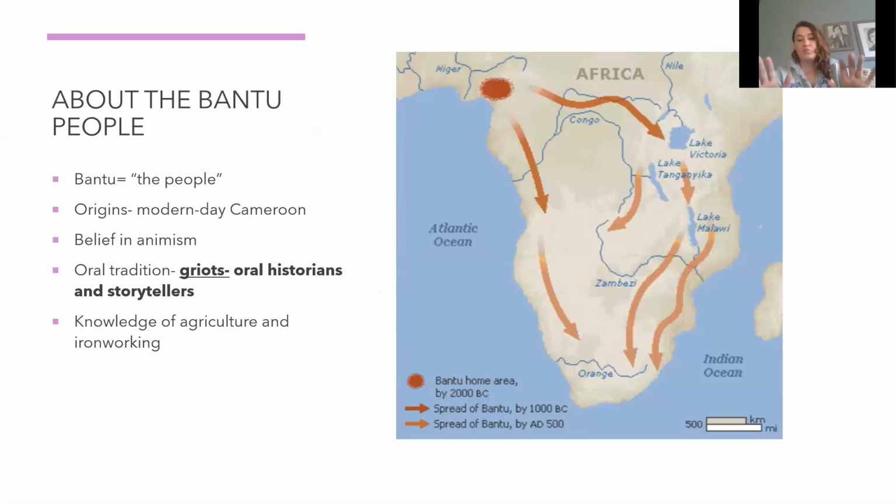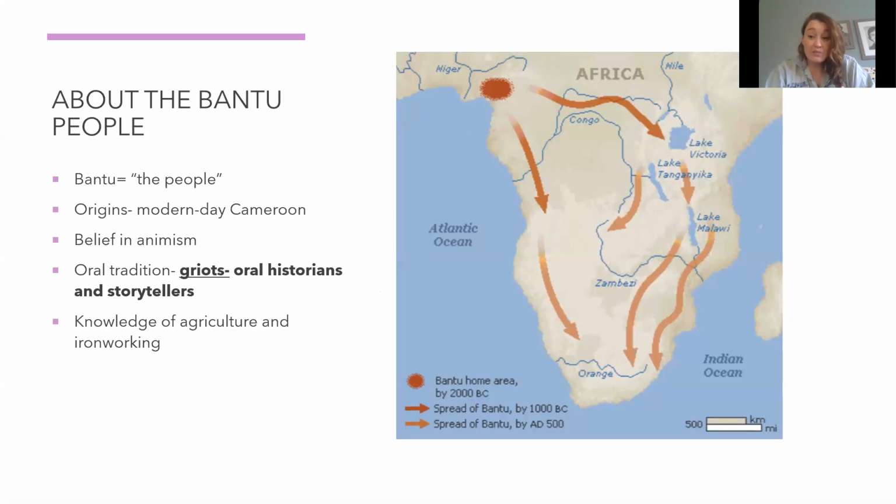About the Bantu people specifically, these are who we're going to be talking about today. The Bantu migrations, we're talking about the Bantu people moving throughout the continent of Africa in the ancient world, and what that did to change the way culture looked across the continent of Africa.